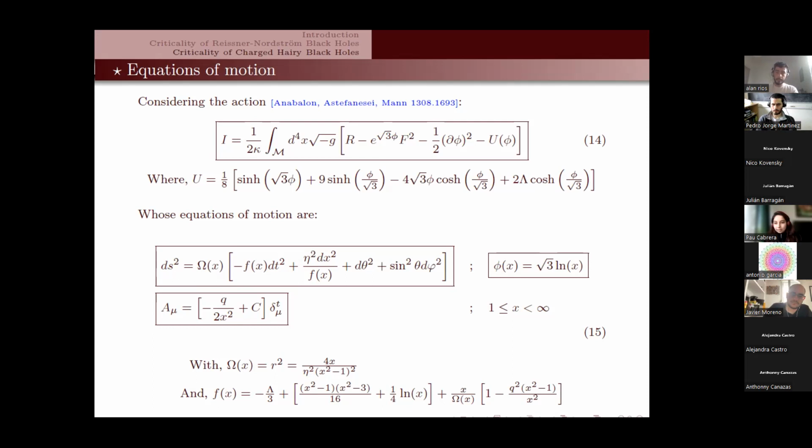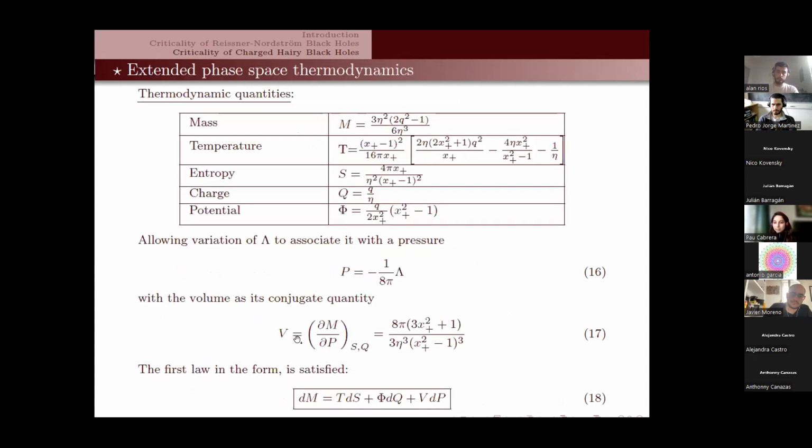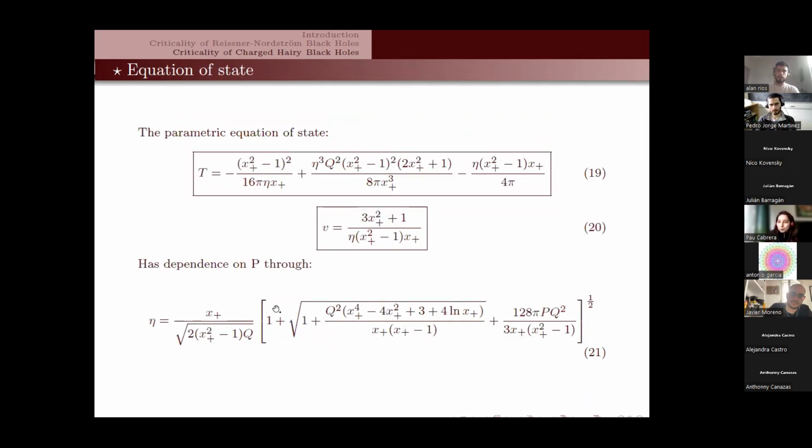Now, the thermodynamics are a bit more complex, but the idea is exactly the same, and we work again in extended phase space. And if we try again, for fixed Q, to relate P, V and T in one equation, we see that this equation doesn't depend explicitly on P, but we can extract the dependency through eta, given by the equation of the horizon.